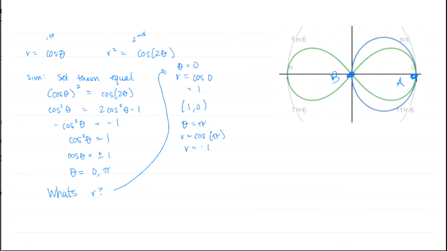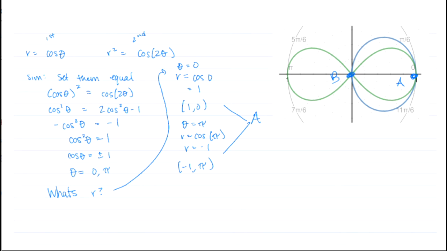So you're looking at the ordered pair (negative 1, pi). Both of those are at A, right? Negative 1, go out negative 1, rotate around pi, that puts you here. Go out 1 and rotate none, that puts you there. So both of those are at point A.